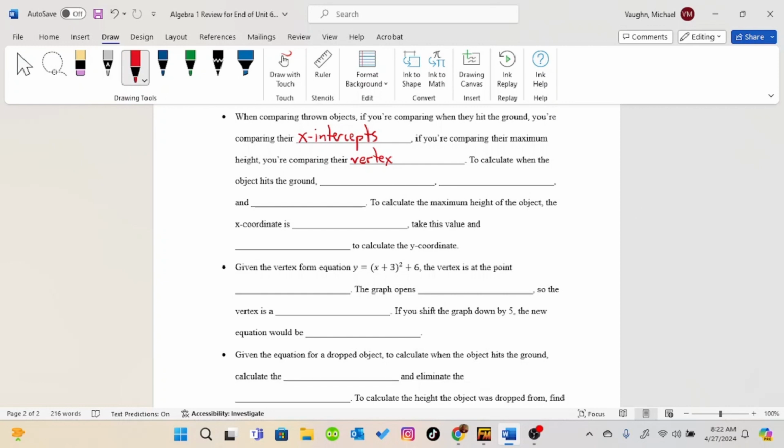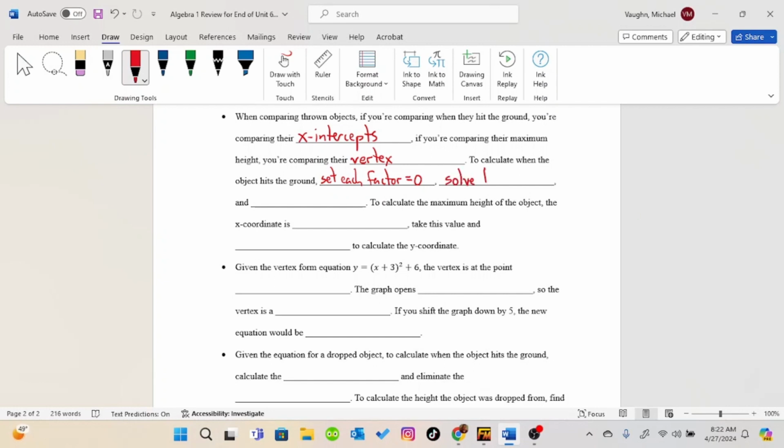To calculate when the object hits the ground, set each factor equal to 0.